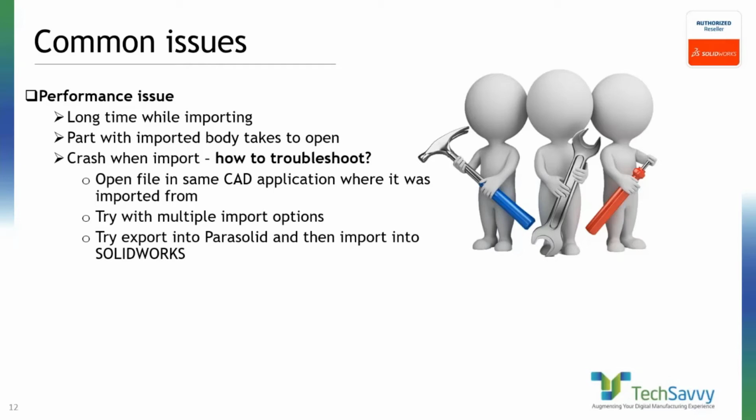So we open the file in the same CAD application it was imported from, and we can play around with the multiple import options explained in the previous slide. We can also export the data into Parasolid form and then import it into SolidWorks.